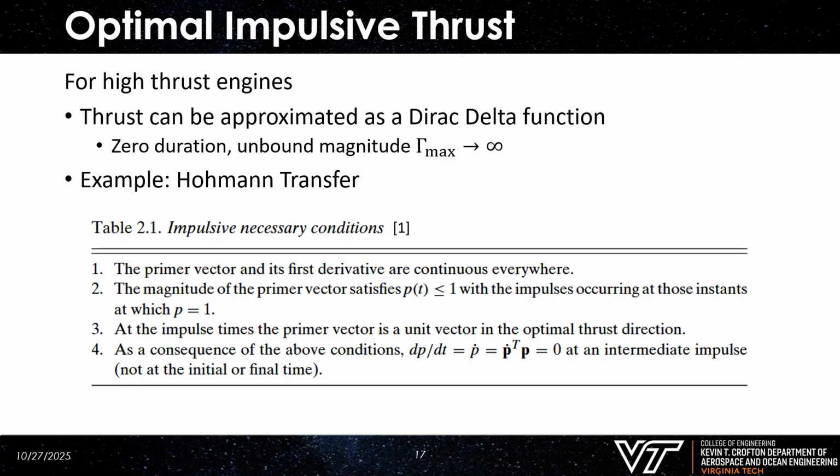And this sort of ties in with 2, because your unit vector has a magnitude of 1. So we want to make sure that our p equals 1 at those impulse times. And then as a consequence of all those above conditions, p dot transposed times p equals 0 at an intermediate impulse that's not the initial and final time.